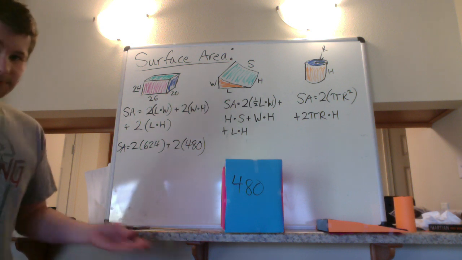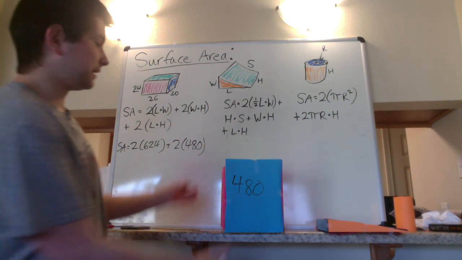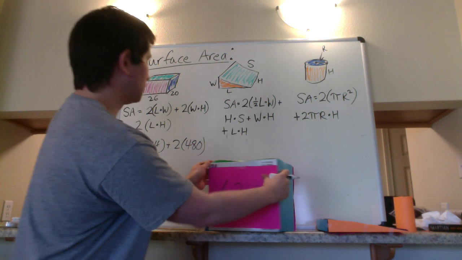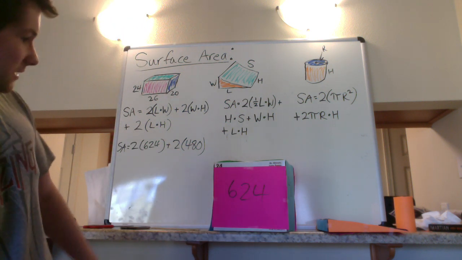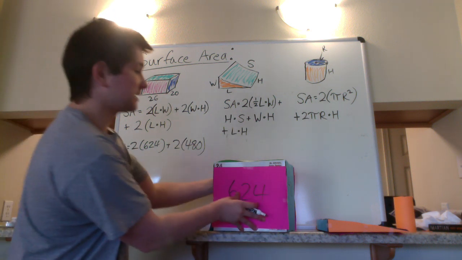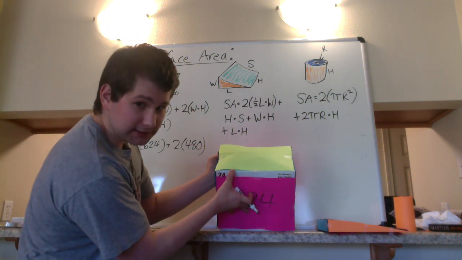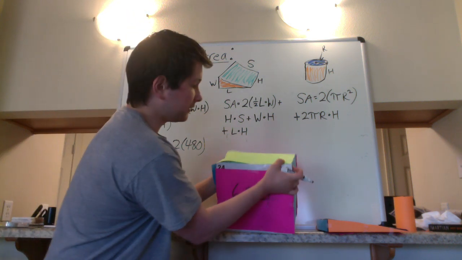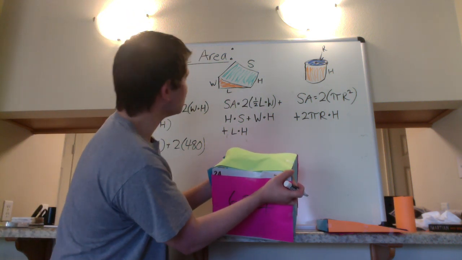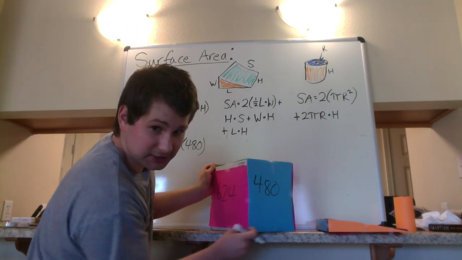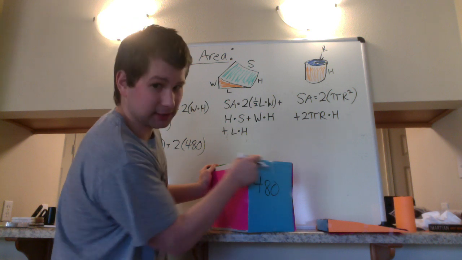Then the last part I need to measure is that top one, which is this green one here. Since I measured down here and that was 26 centimeters, this side of the green rectangle is also going to be 26 centimeters. And this width here is going to be 20 centimeters, from what I have up here, because this measurement is the same as what's up here.